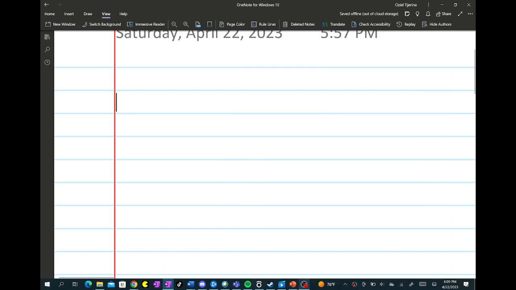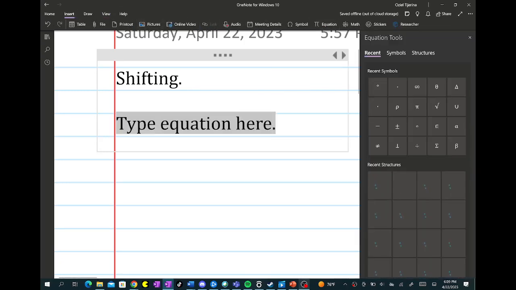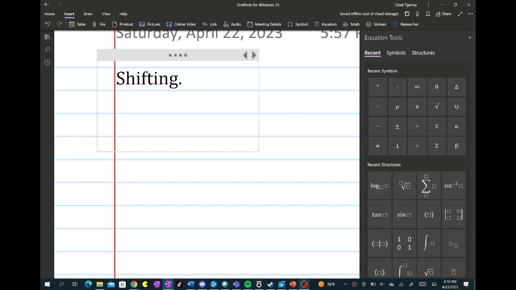The first thing that we need to understand is the idea of what is called shifting. I'm going to try to define these in general, like vertical shift, horizontal shift, etc. So when we talk about a vertical shift, hold on.